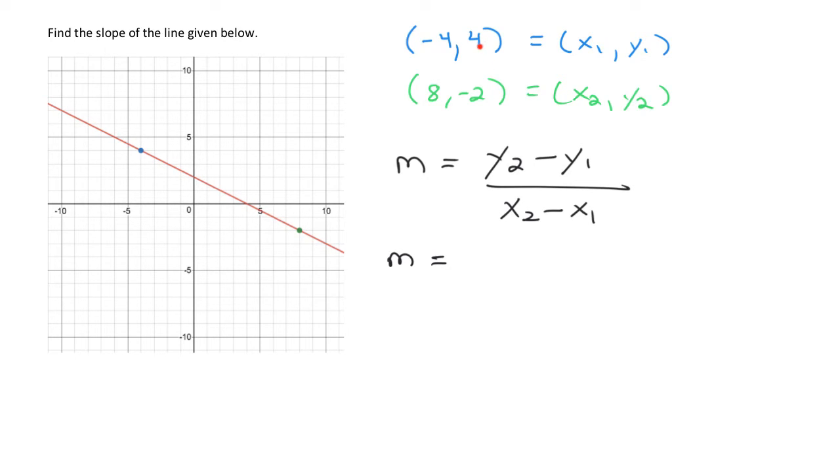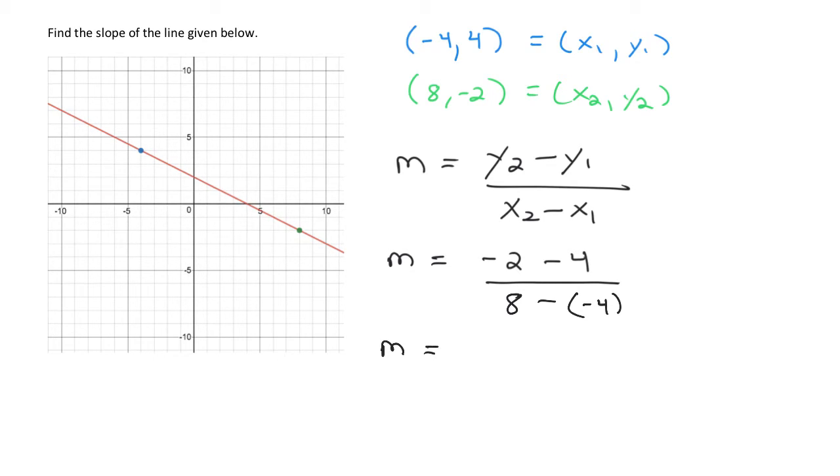y2 minus y1. So that is negative 2 minus 4. And then we have x2 minus x1. I want to be careful here. I'm subtracting a negative number. So that is x2 minus an x1, so it's a minus a minus.